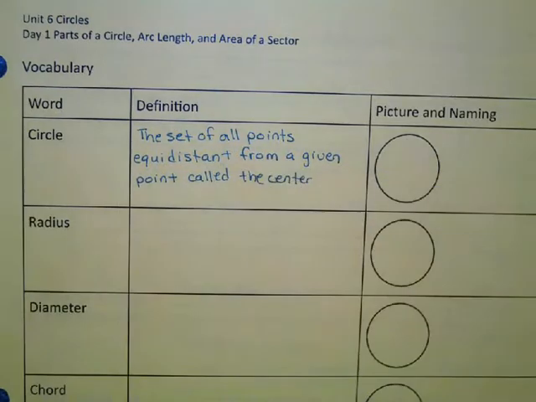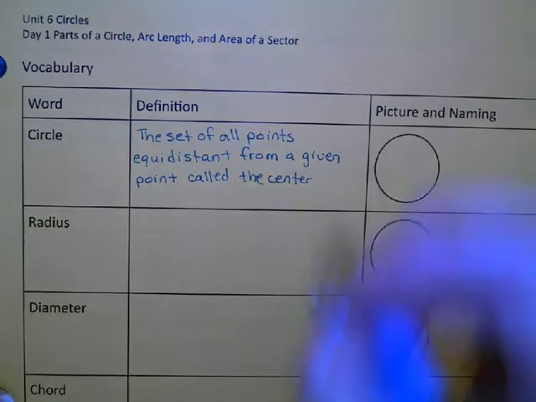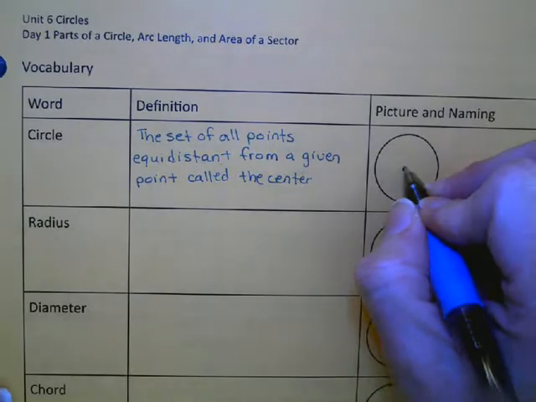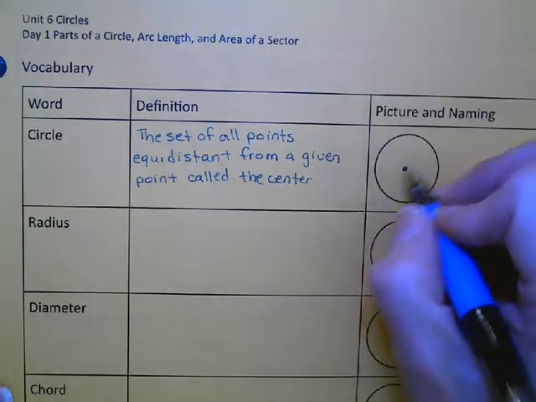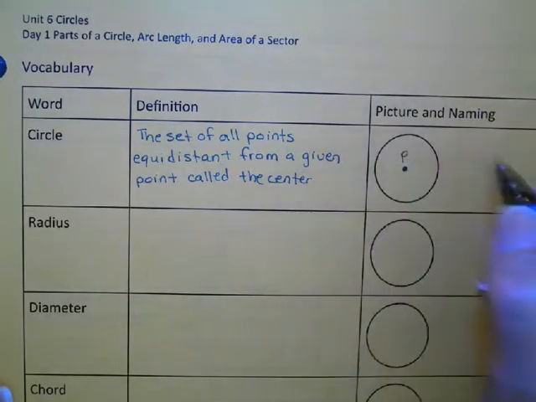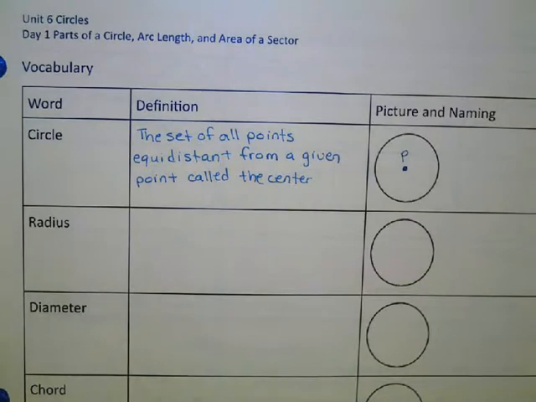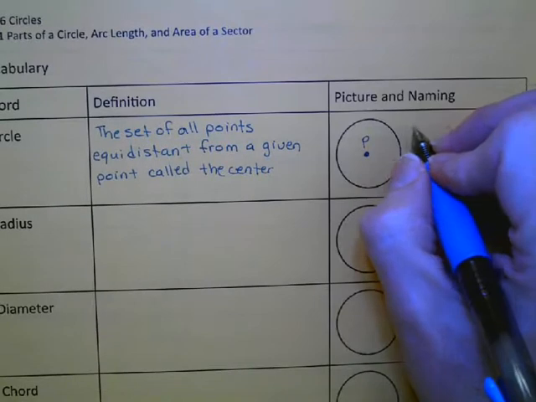However I can tell, that's probably a picture of a circle. That should not be new, but if you put a point in the middle of the circle, we call that the center. Let's say we're going to call that point P. So when you're naming a circle, you name it by its center.